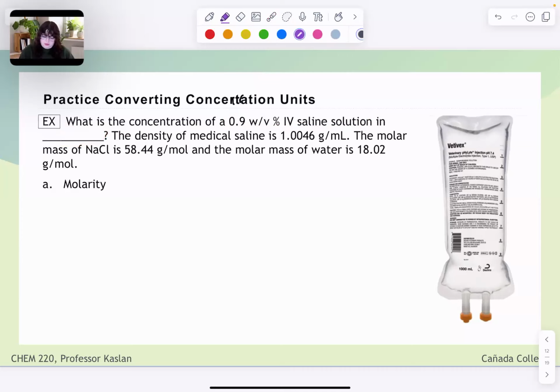So let's see here. The unit that we want in this example is molarity. So our goal is to convert from a mass volume percent or a weight volume percent to molarity.